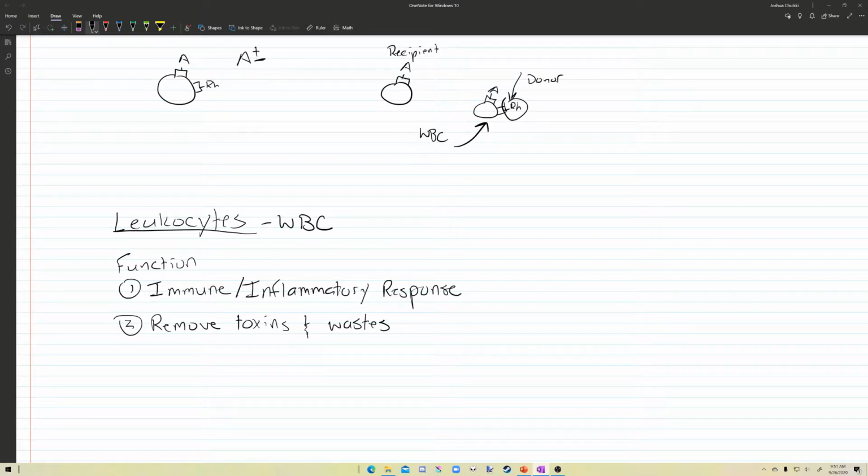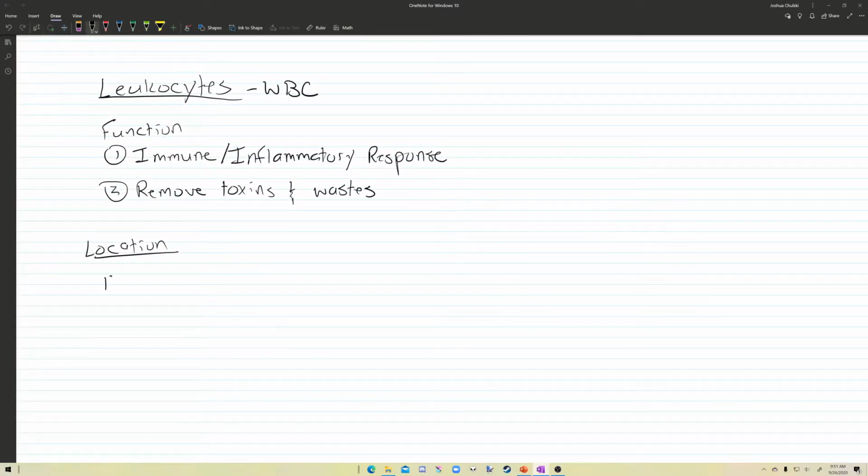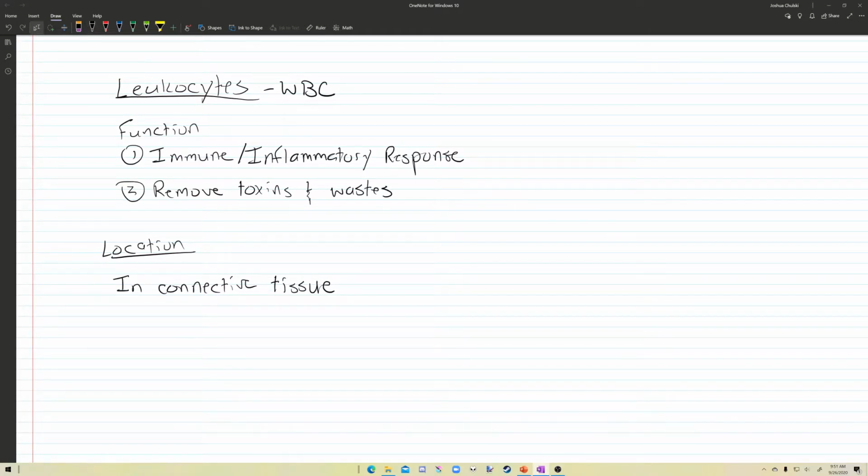Most of these, their location is in the connective tissue. It's actually in the connective tissue. And now the question you get asked is, why do you talk about them in the blood? Because they have to use the blood in order to travel where they are.